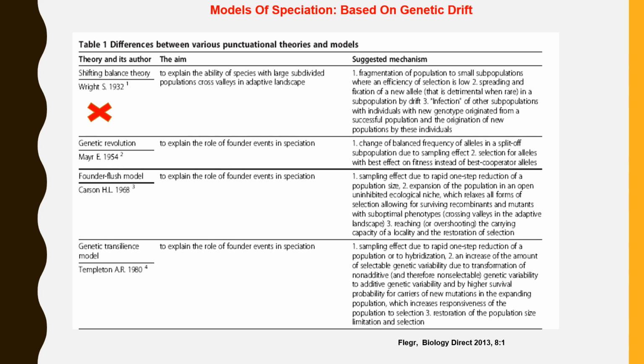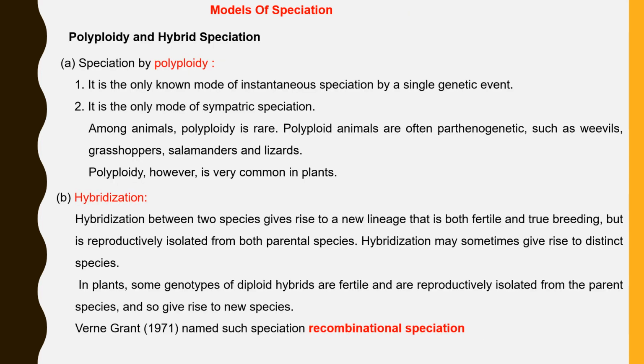The table here lists the differences between the various theories of speciation based on genetic drift. Speciation by means of polyploidy and hybridization. Polyploidy is a rare phenomenon in animals.